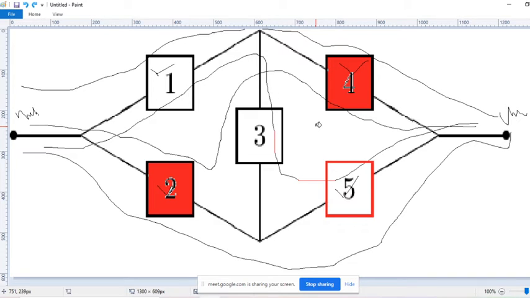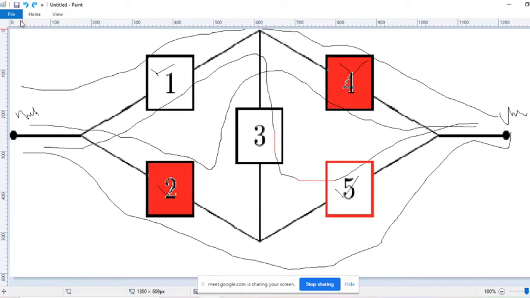If the system is functioning, then the corresponding sets are called path sets. If the signal is transferred from source to destination, then the corresponding nodes belong to the path set.